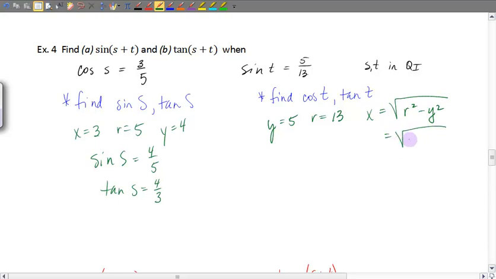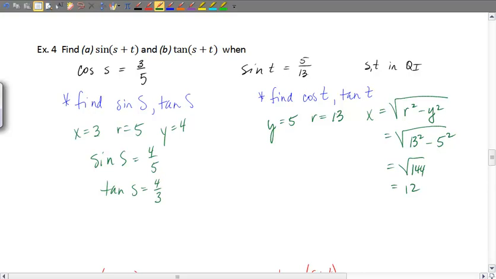That's going to be 13 squared minus 5 squared. Well, that's 169 minus 25, which would be the square root of 144, which is just 12. I don't know if you remember or not, but this 5, 12, 13 is also a special triangle.